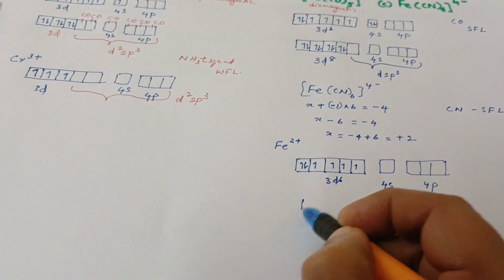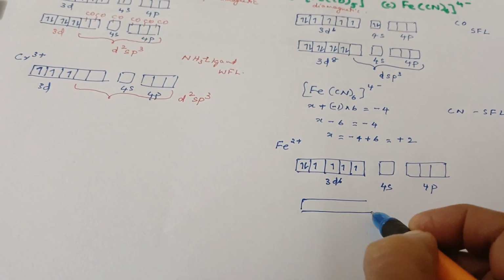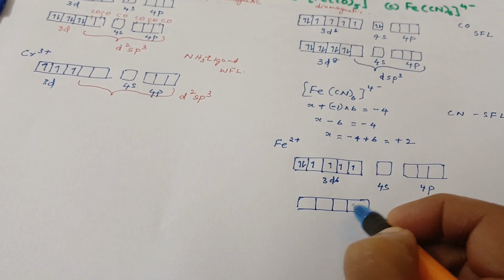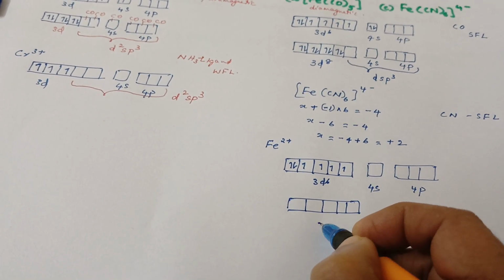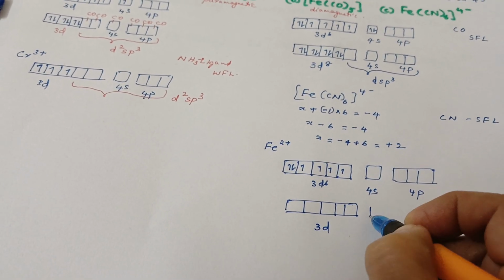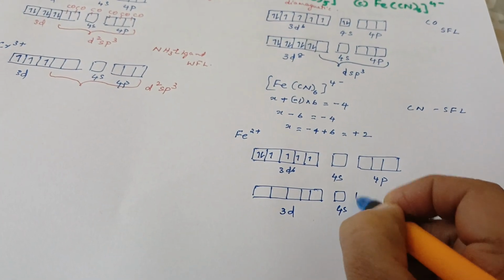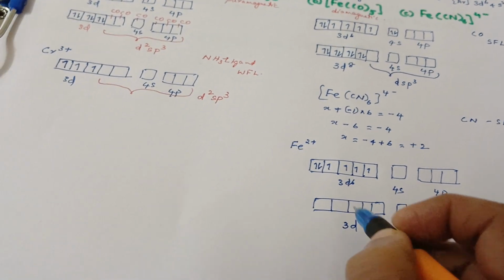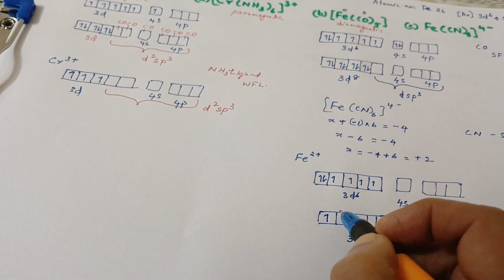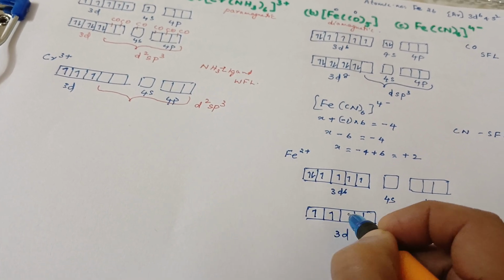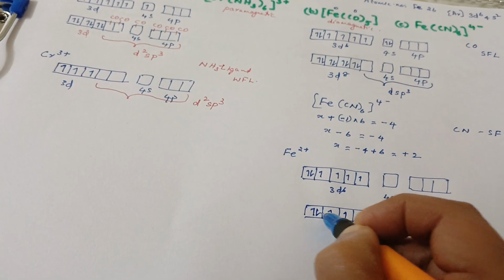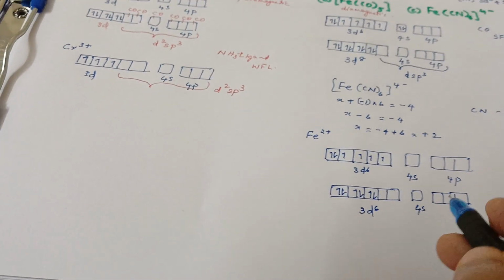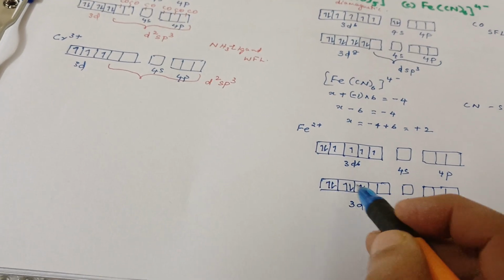That means these 6 electrons in the 3d orbital will come together and pair up.